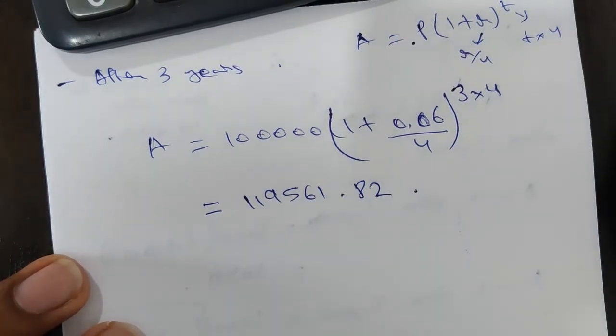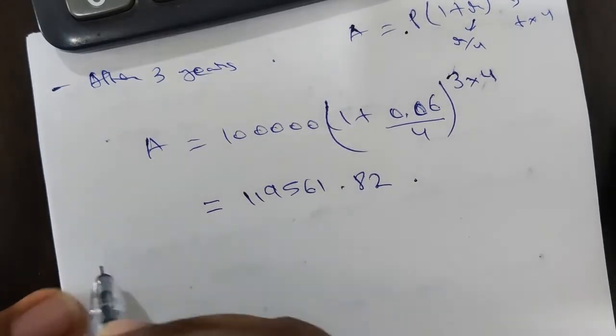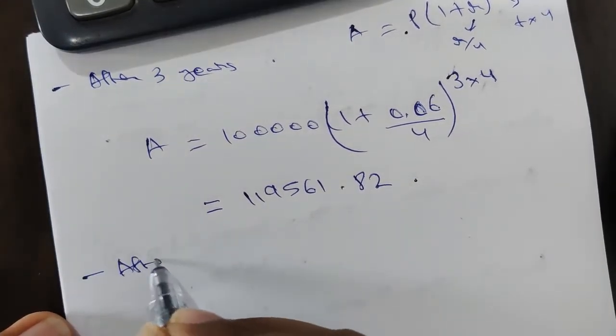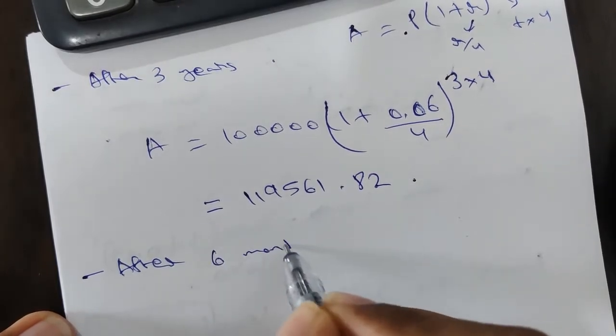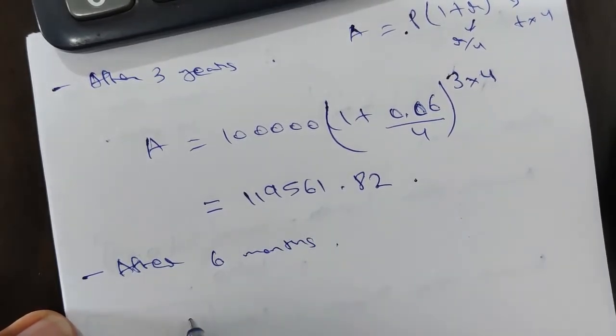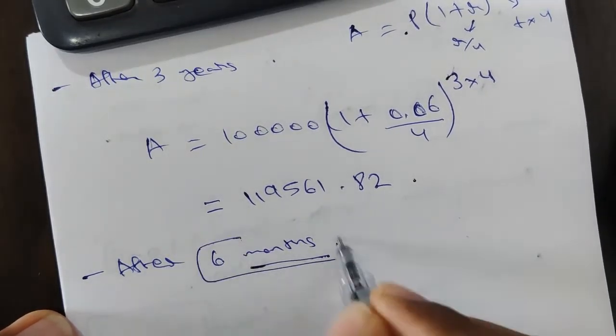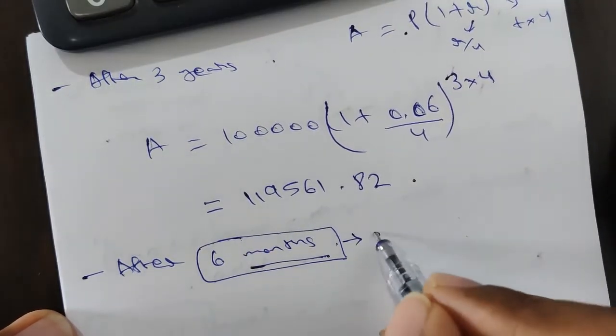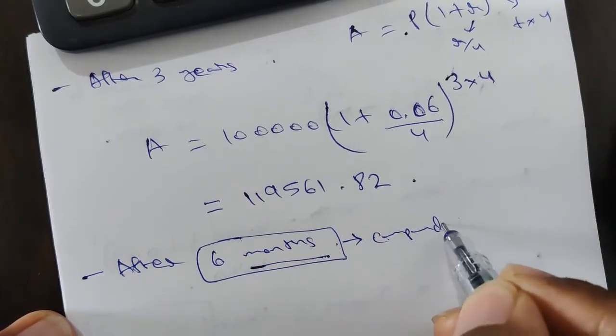So up to now, compound interest should become very clear to you. Now suppose after 6 months. Do not get distracted by months. You just have to see how many times you are compounding it.